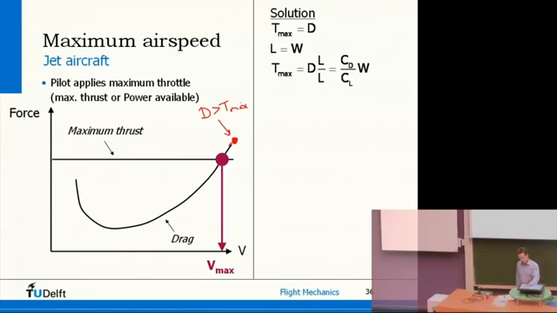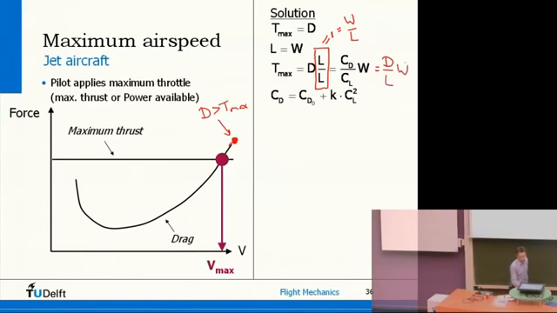You can also say that's drag multiplied with 1, lift divided by lift. Since lift is equal to weight, that's weight divided by lift. So maximum thrust is drag divided by lift multiplied with the weight. And that's the same as saying it's the drag coefficient divided by the lift coefficient multiplied with the weight.